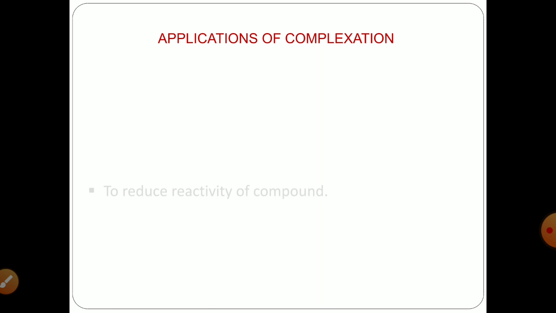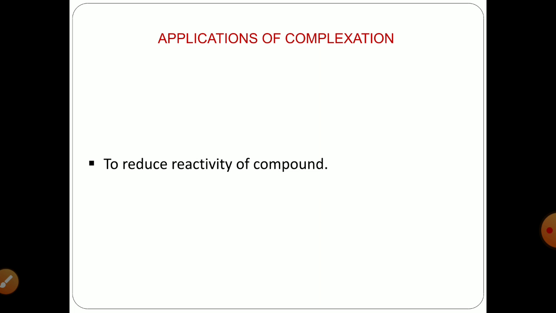So complexation will help you to reduce the reactivity of the compound, which will ultimately result in improvement of stability of the compound. So by this, you can alter the reactivity of the compound, allowing it to be more stable.